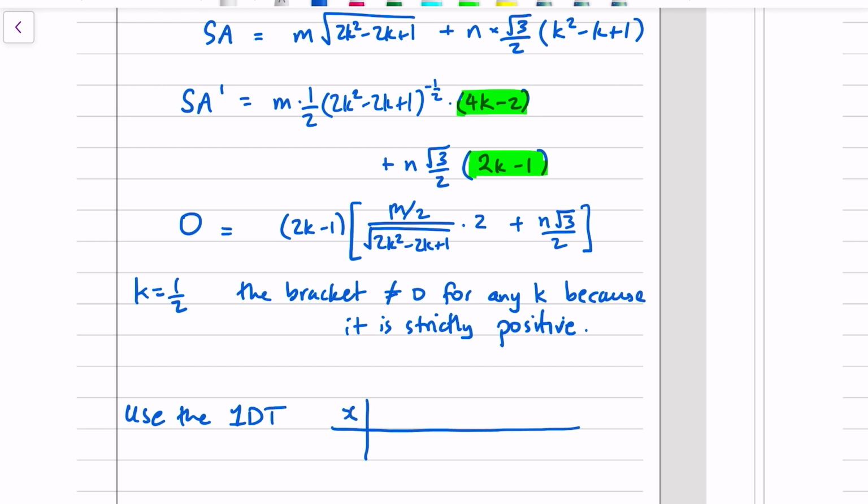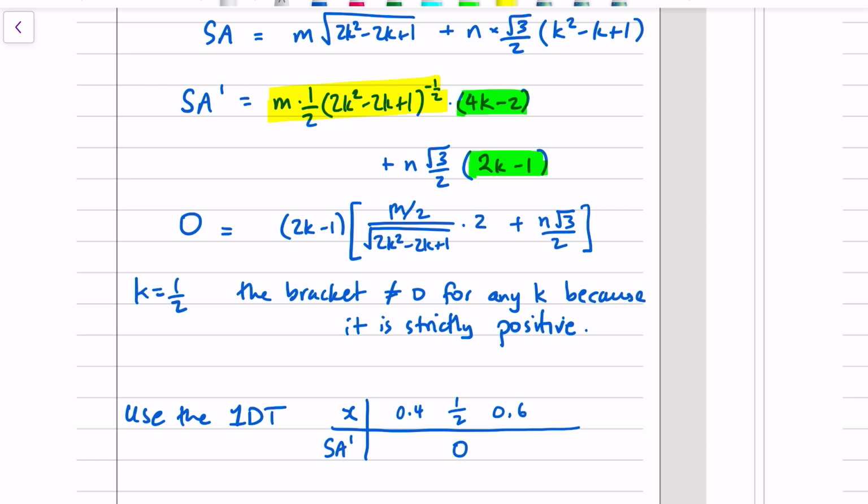And pick a value of x that's slightly either side of 1/2. We know at 1/2 the surface area derivative is equal to 0. Pick something like 0.4 and 0.6 and substitute into the surface area equation. As I said, the whole thing here is positive, and then we're just subbing 0.4 into that green bracket. 4 times 0.4, 1.6 minus 2 is a negative, and if I sub it into the other green bracket, it's also negative.